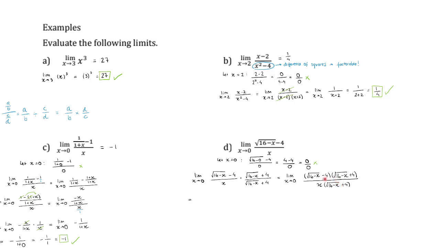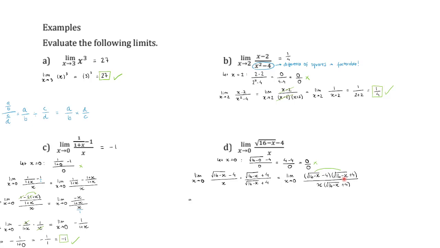Here we are going to start with the square root of 16 minus x, which we multiply with the square root of 16 minus x in the second term. The square root of 16 minus x times the square root of 16 minus x is simply equal to 16 minus x.